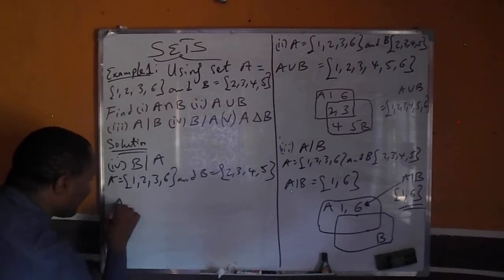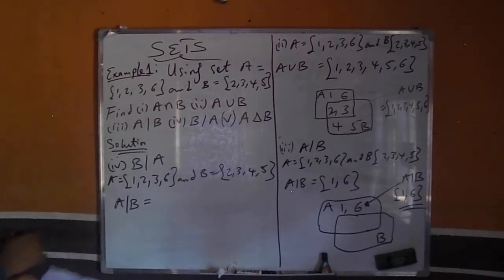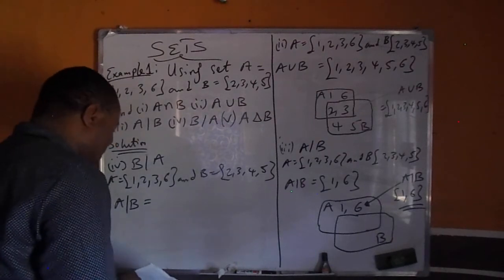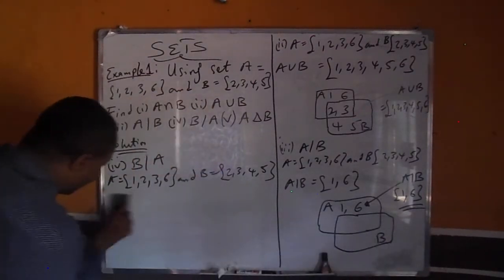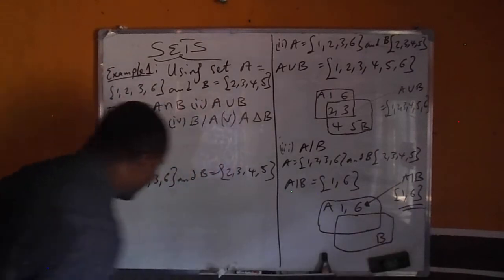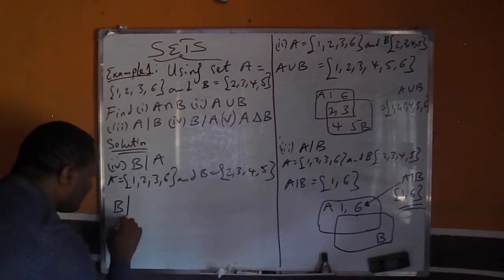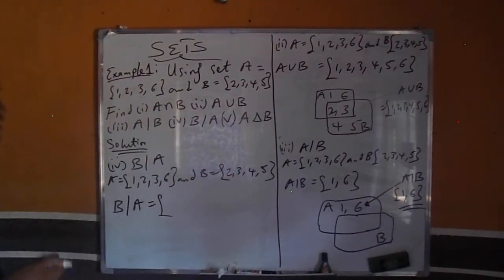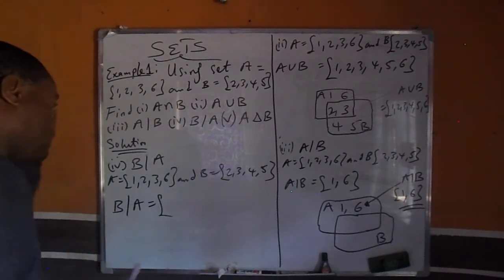So now B without A equals, what is in our B that we don't have in A?